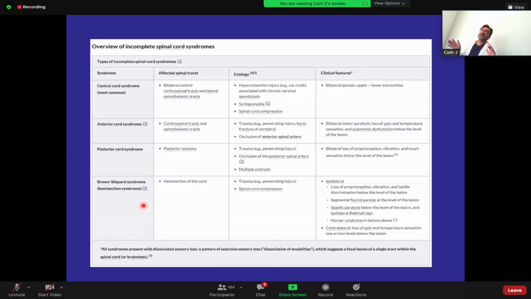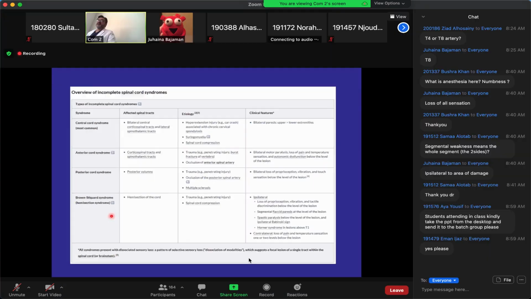Unconscious proprioception, like you are swaying to one side while walking, is the function of spinocerebellar. You ask the patient to walk in a straight line with eyes closed, he starts to sway on one side. So the side which starts to sway is the side where the spinocerebellar tracts are involved.